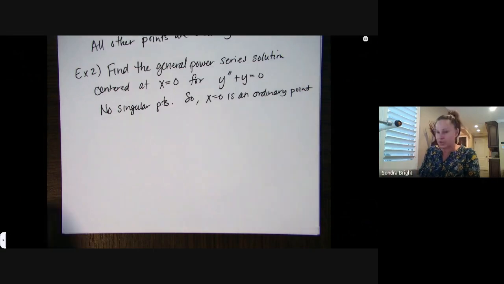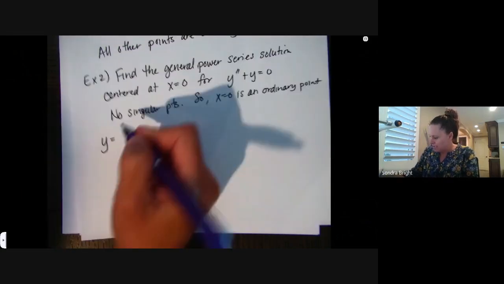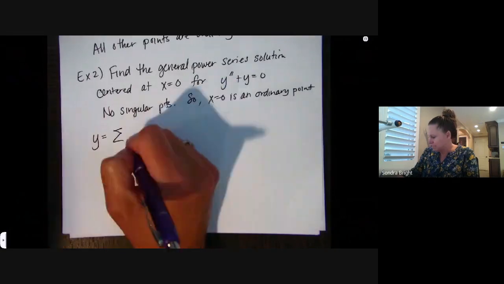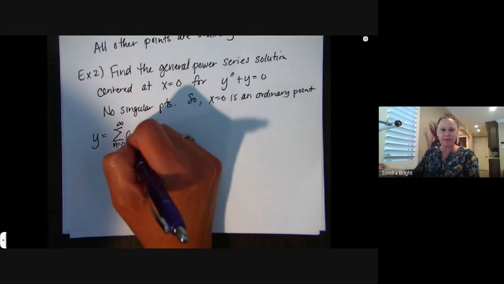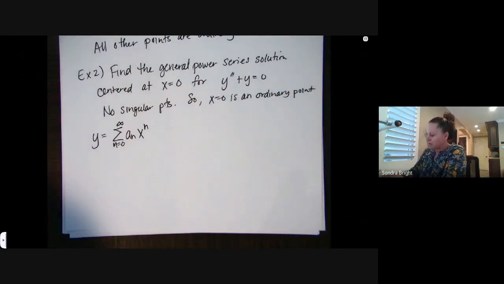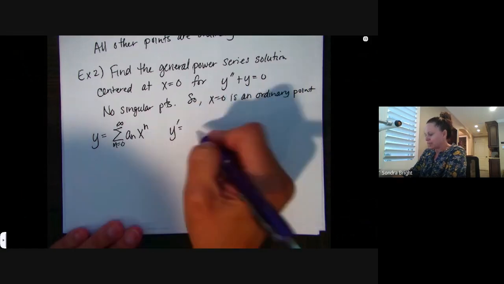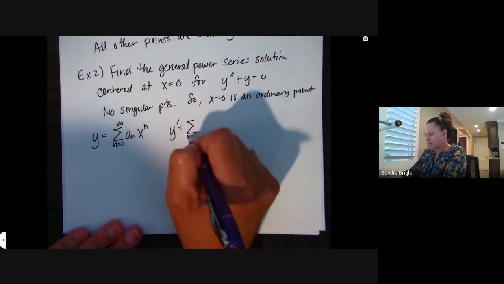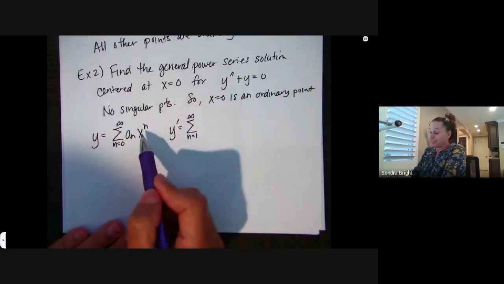Okay, so here's what you're going to do. You're going to use the fact that in general, the general power series from section 1 is the sum from n equals 0 to infinity of a_n x to the nth power. That's your general power series. And then the derivative of this, you start with n equals 1 now to infinity, and you pop and drop the n. You're taking the derivative with respect to x, right?